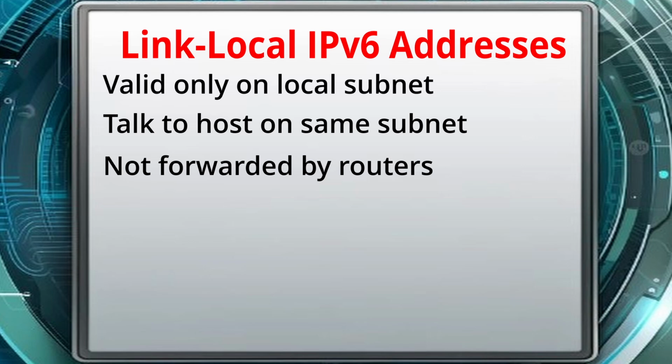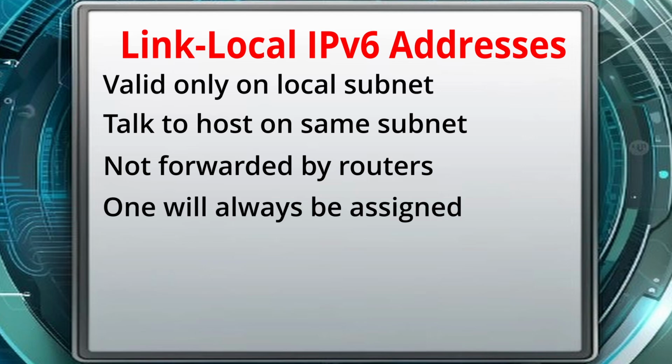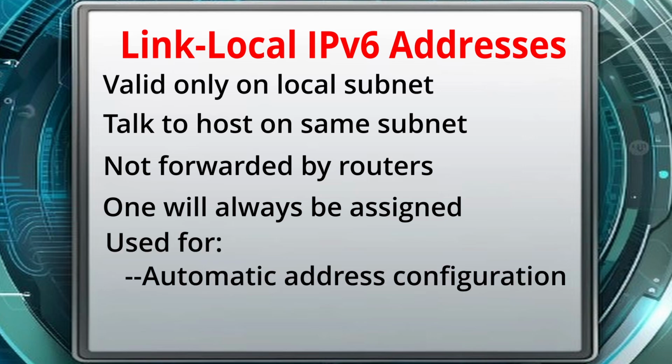With IPv6, a link local address can be used alongside other IPv6 addresses. In fact, when you use IPv6, your interface card is always assigned at least one link local address. Link local addresses are also used for automatic address configuration and neighbor discovery, which we'll talk about in a bit.